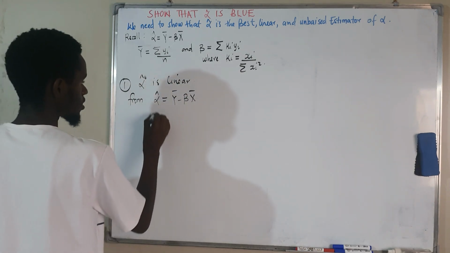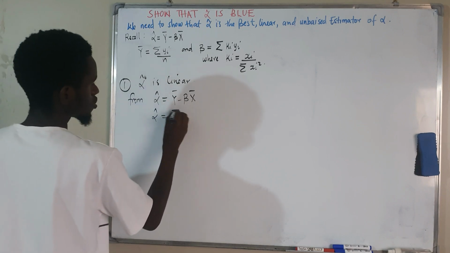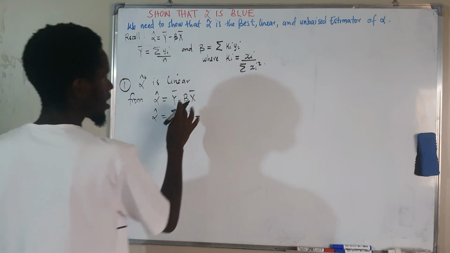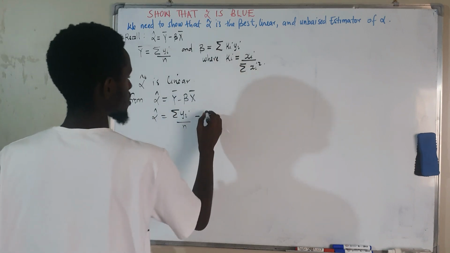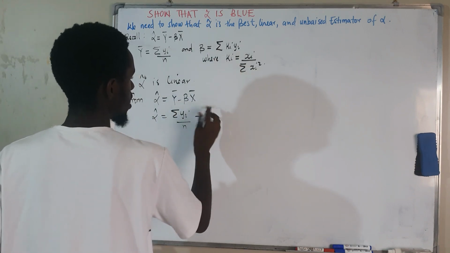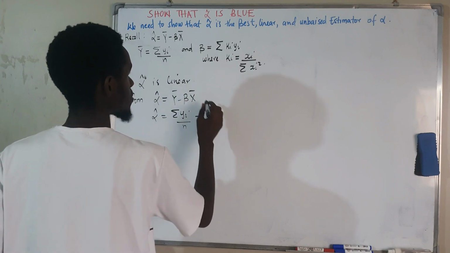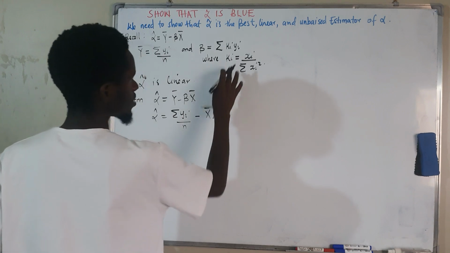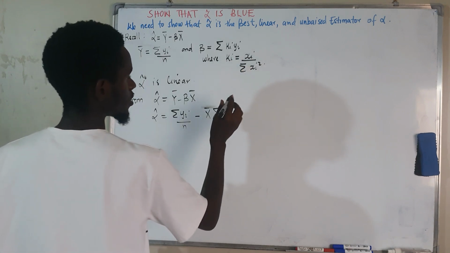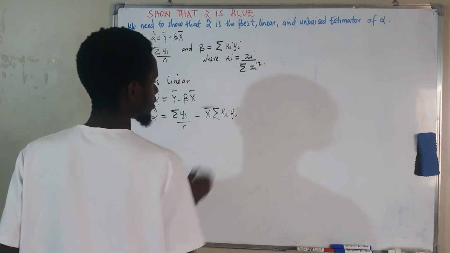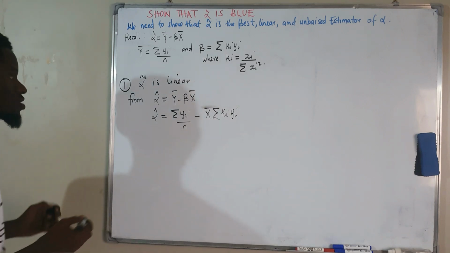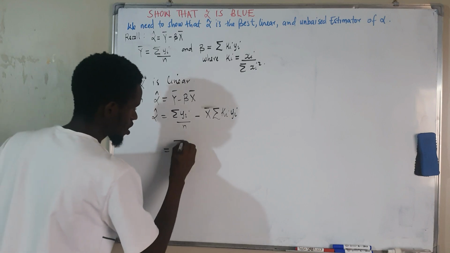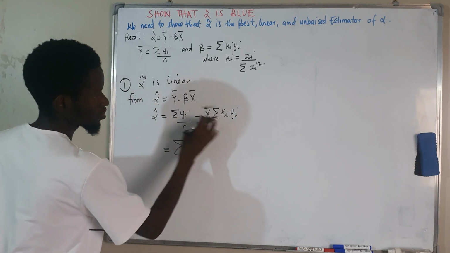As we know, y bar is the same as the summation of yi over n, minus beta times x bar, where beta is the summation of ki yi. Now I'm saying that yi is common to both terms, so I can pull out the summation and put it outside.